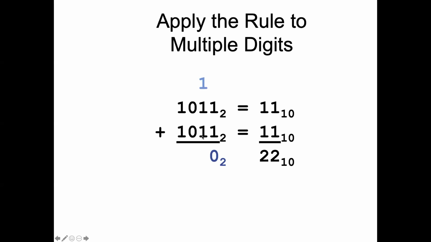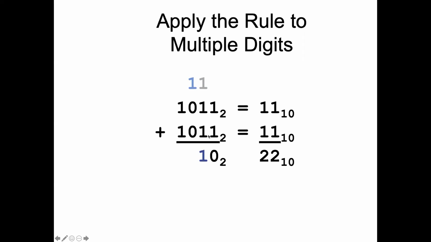In this column, we've got 1 plus 1 plus the carry we just carried over. That adds up to 3, which is bigger than the base. So we'll carry 2 of that 3 over into the next bit position, and I wrote down a 1 up here as the carry. We still have a 1 left over in the bit position we were adding.